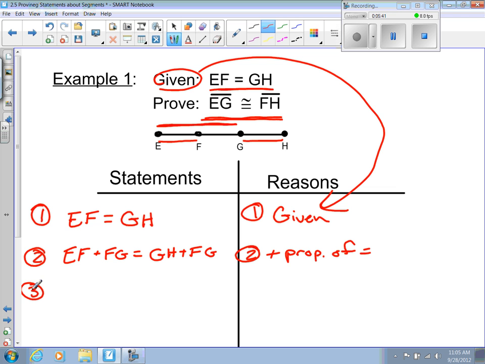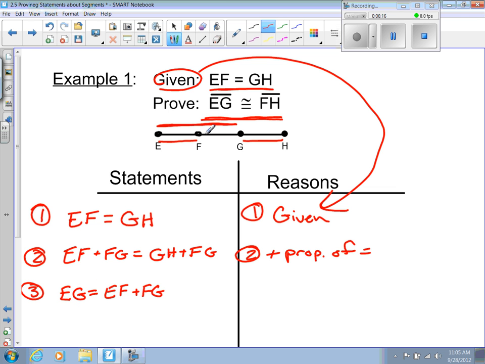From here, right now I have EF plus FG. Well, I'd like to know something about EG. What does EG equal? Well, EG is these two parts, right? EF plus FG. That's what EG equals. And I also want to know something about FH.